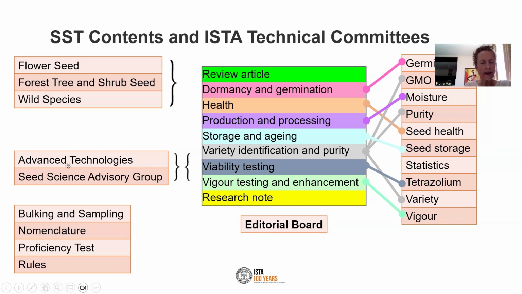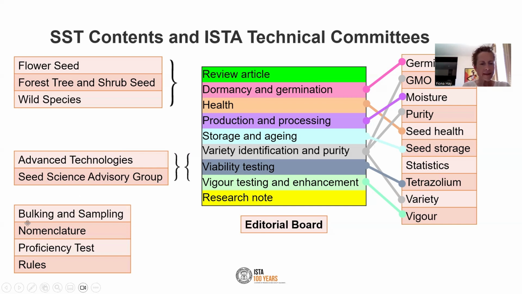We also have the Advanced Technologies Committee and the Seed Science Advisory Group, and they, in their own right, are supposed to be making the link between science and seed testing and the work of ISTA. This is why I've done these brackets. There's a two-way action there, and any of the papers that we publish on any of these topics might be feeding into work that these two committees are doing.